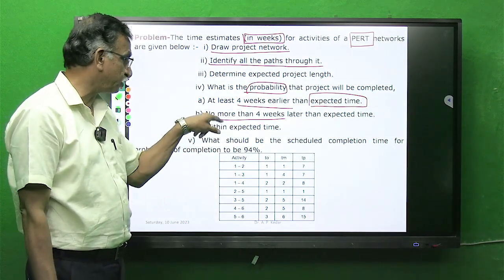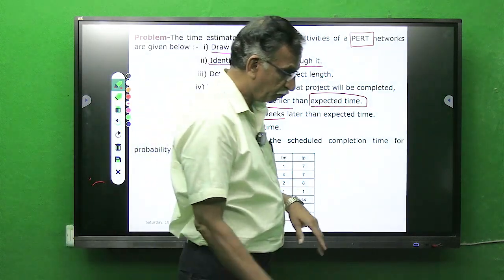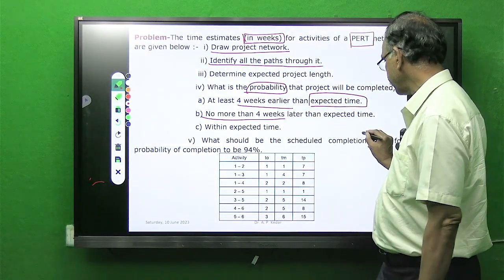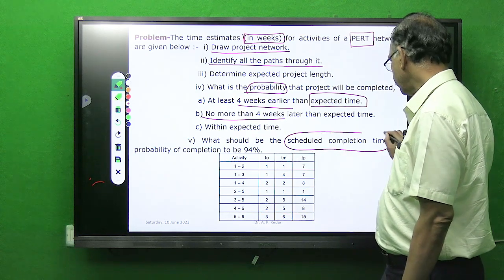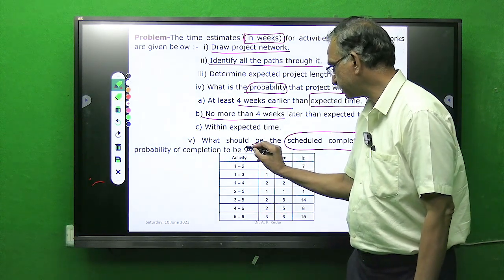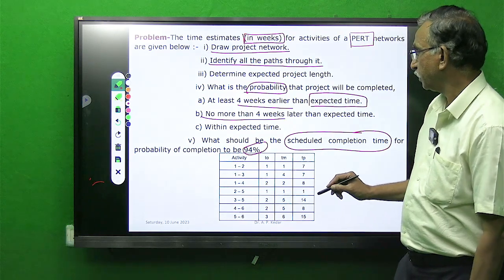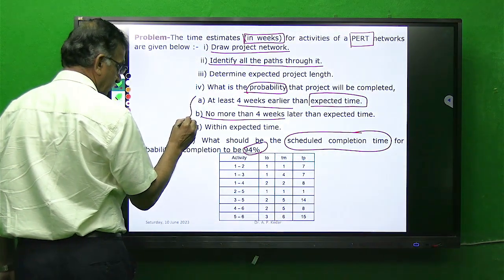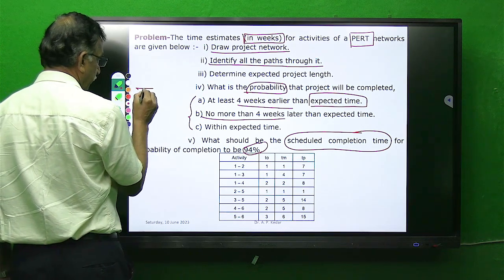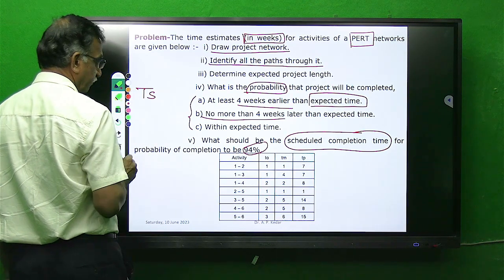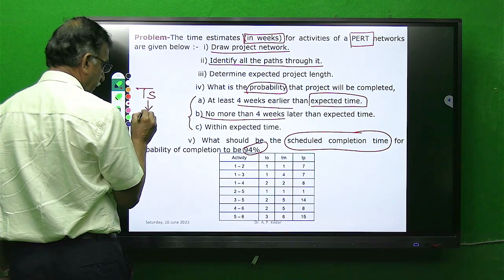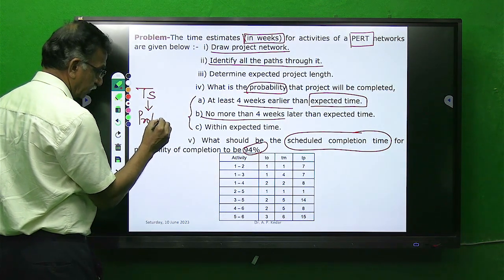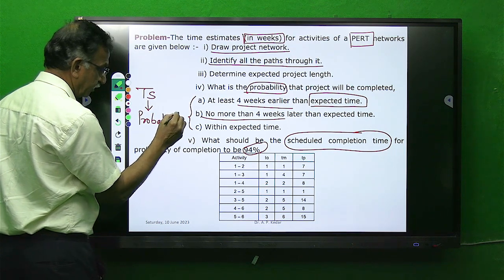Now this is the reverse of this. In fifth, what is asked? What should be the scheduled time? And here probability is given. Here in all cases, we were given the value of TS and we were supposed to find the value of probability.